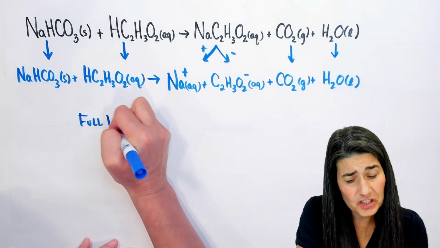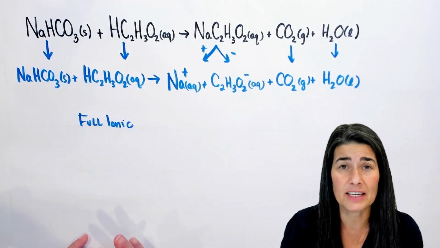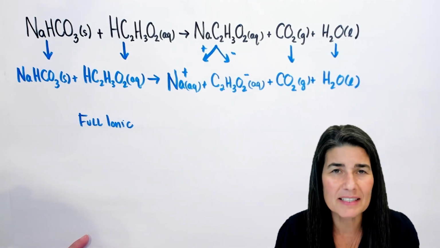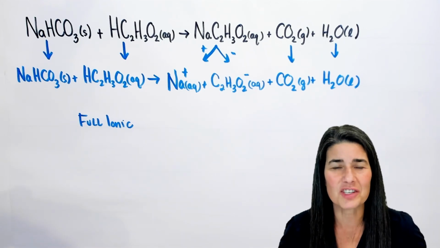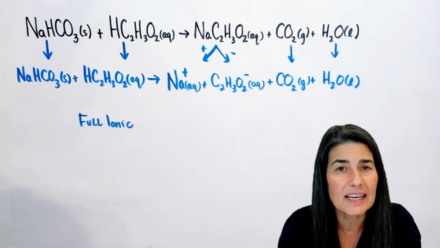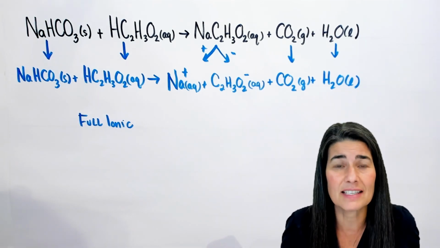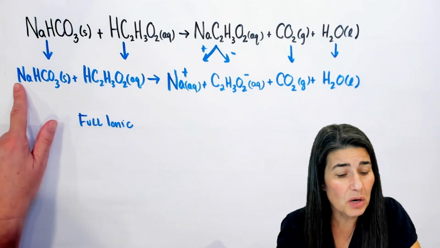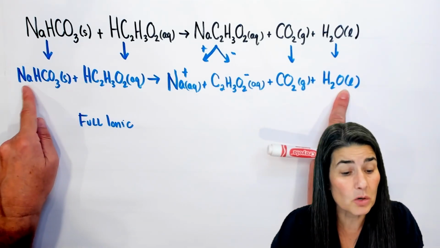Now, in order to change your full ionic equation into your net ionic equation, we look for spectator ions, things that did not participate in the reaction, things that are exactly the same on the left and the right. In this case, I don't see anything that's exactly the same. I don't have an undissociated sodium bicarbonate.